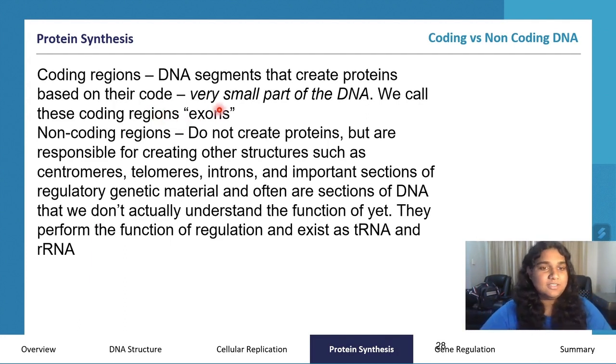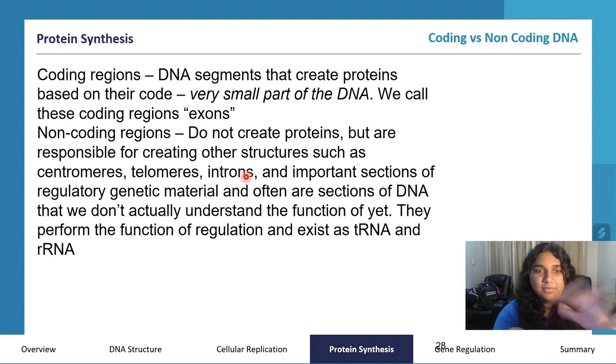Every other aspect of the DNA is enclosed in a non-coding region. These are regions of DNA that don't create proteins, but are responsible for creating other structures like centromeres, telomeres, introns, which is the general term for non-coding regions, and important sections of regulatory genetic material, which are sections of DNA that we don't really understand the function of yet.